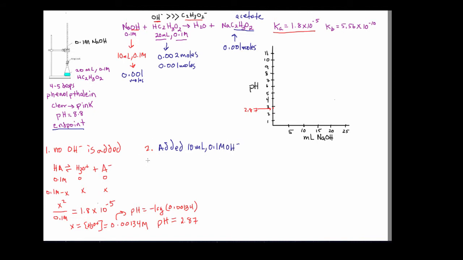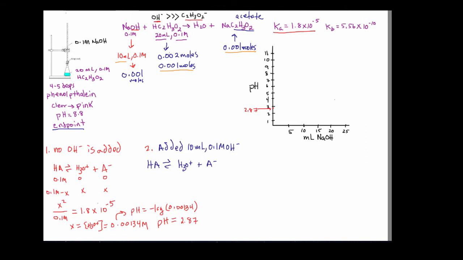So now, writing the equilibrium reaction, we have HA going to H3O plus and A minus. Now, we need concentration in here. So coming back up to the moles that we've established for the conjugate base and the conjugate acid, we need to divide by the new total volume. We've added 10 mLs of the base. We had 20 mLs of the acid to start with.